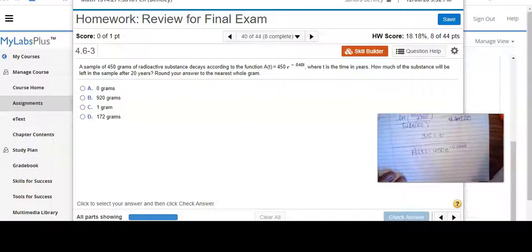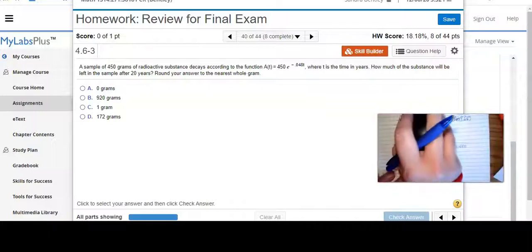How much of the substance will be left in the sample after 20 years? So they're telling us that t is 20.